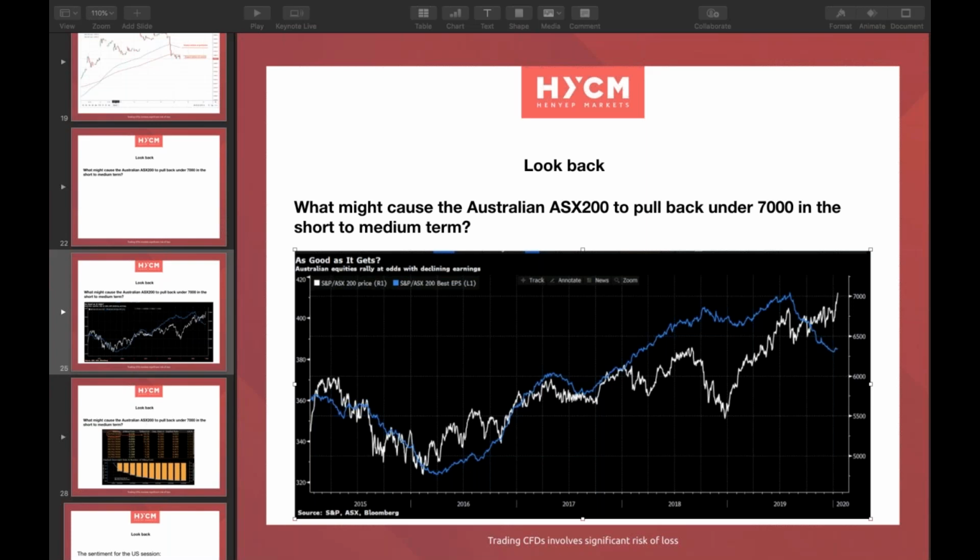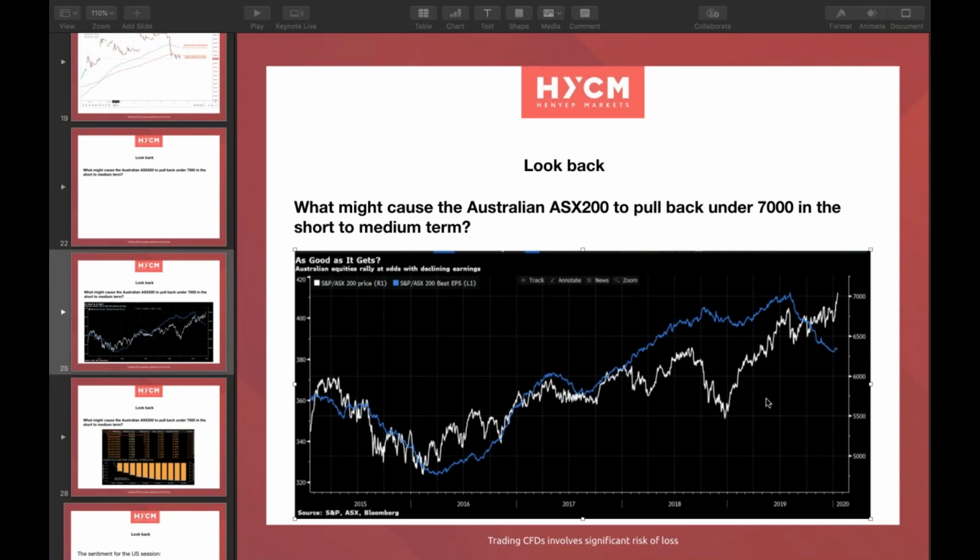So if you look at the Australian economy, one of the problems we've got is, is the US-China truce going to turn around that EPS figure? And the answer is no, it's not. So we're not expecting the US-China phase one trade deal to affect that earnings per share for Australian companies.